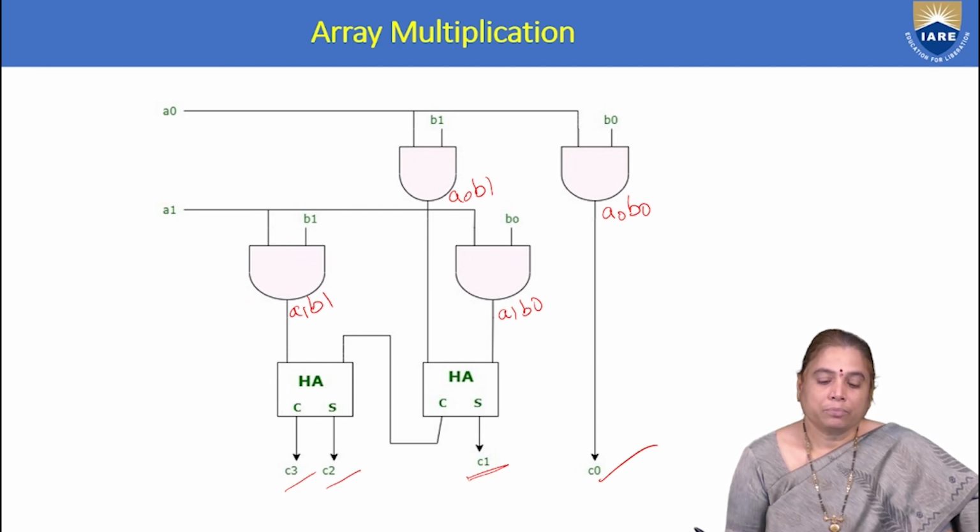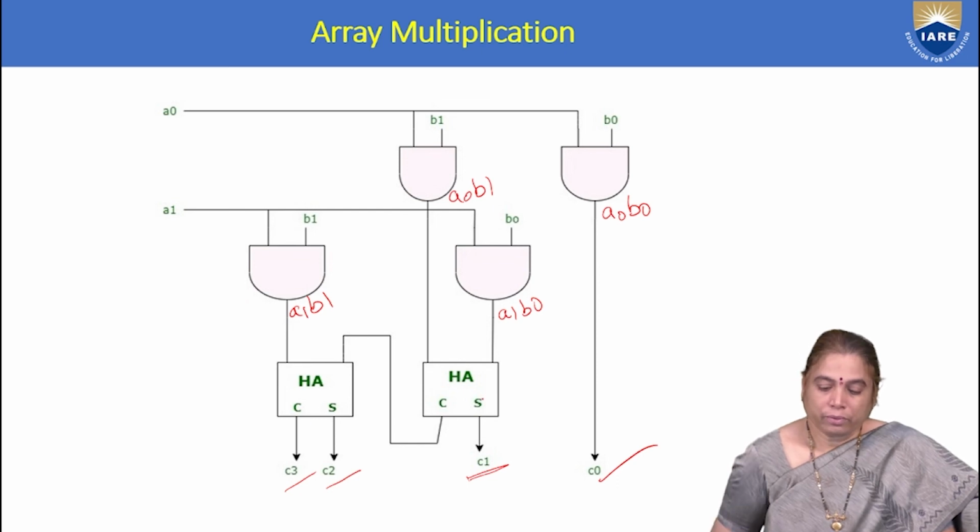The partial product terms are generated with the AND gates, and the sum can be performed on these partial product terms with the help of half adders or full adders. So in this video, we discussed a variety of binary multiplication.